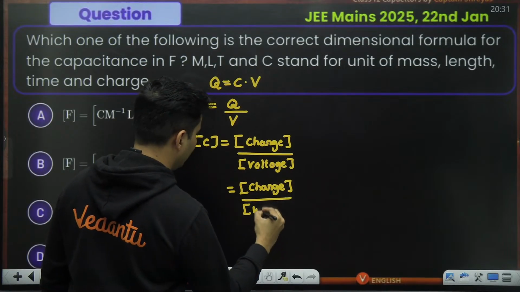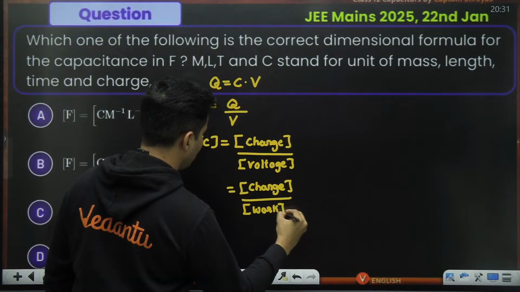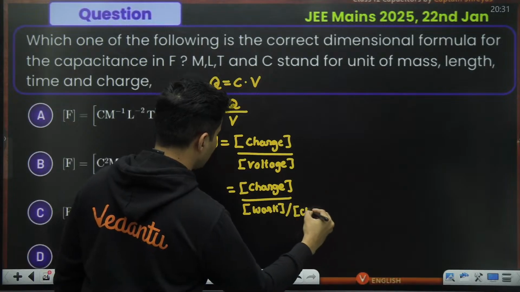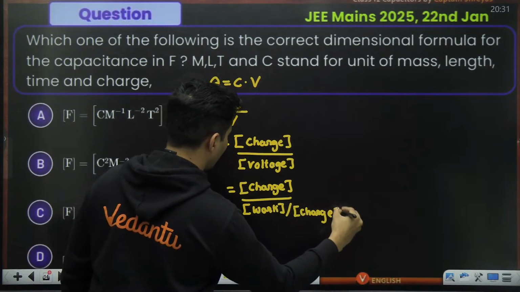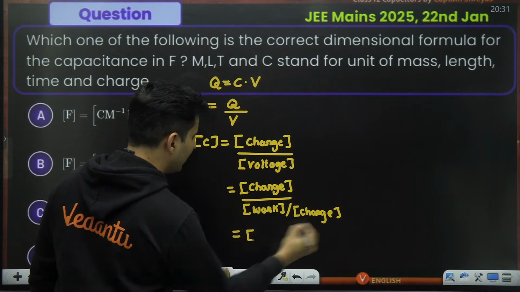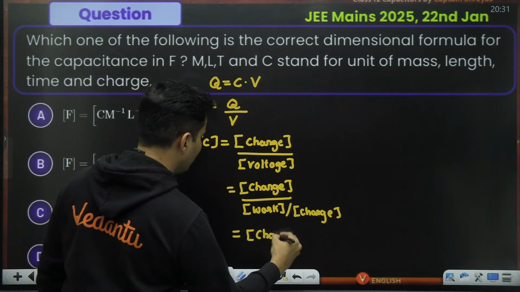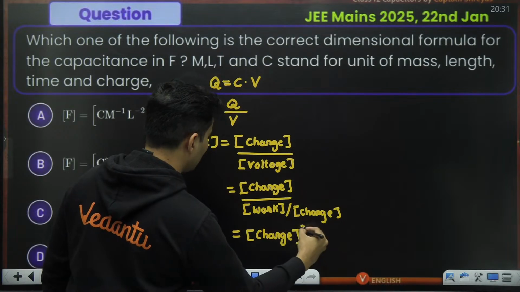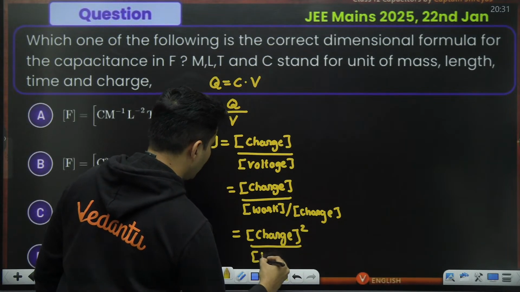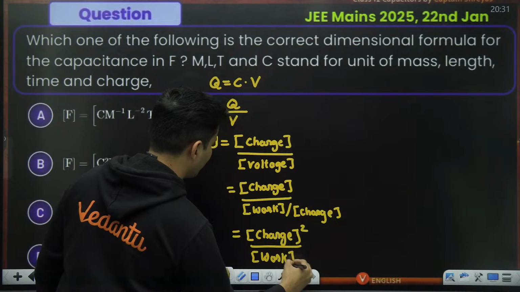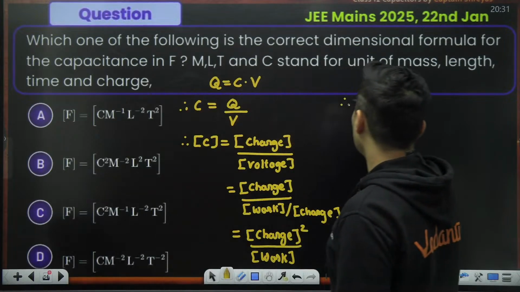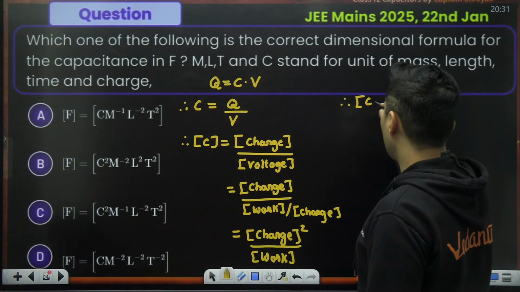So it is nothing but the dimensions of work divided by the dimensions of charge. So charge goes on the top, and it will be the dimension of charge, the whole squared, divided by the dimension of work. Oh, perfect.